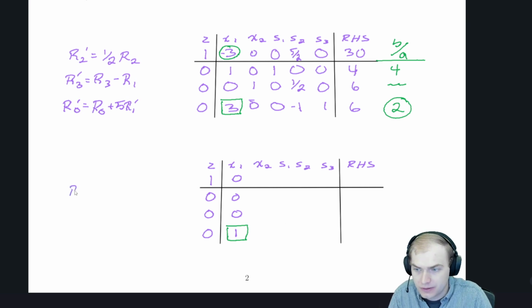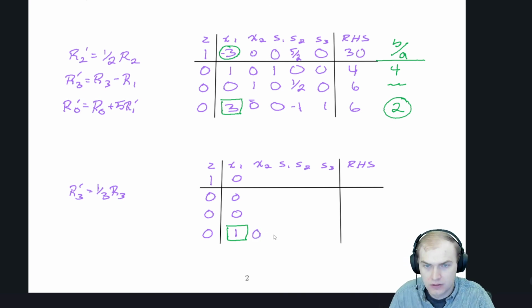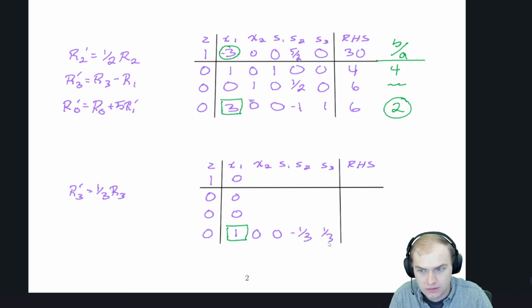So we're going to start with row 3 prime is 1/3 row 3. Turn that 3 into a 1. 0, 0, negative 1/3, 1/3, and 2. We don't have to alter row 2 at all because there's already a 0 there. So row 2 stays the same.